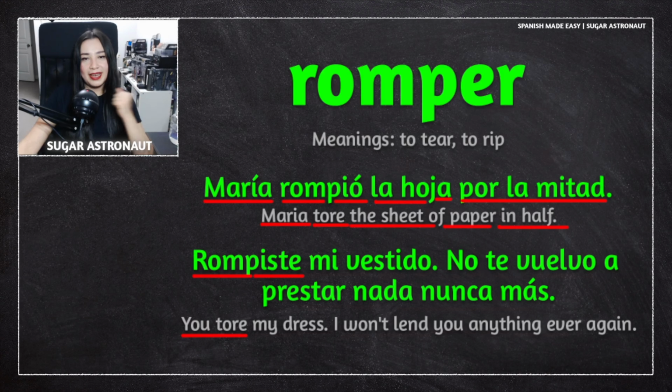You broke my heart. Okay. I mean, romper also means to break, right? So I just wanted to show you another example using rompiste. Okay? You tore, it can mean you broke or you tore.